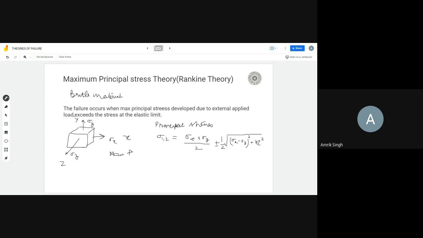the maximum principal stress, that is sigma 1.